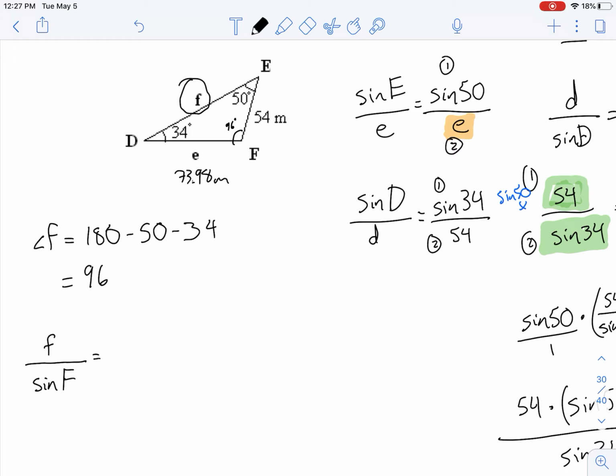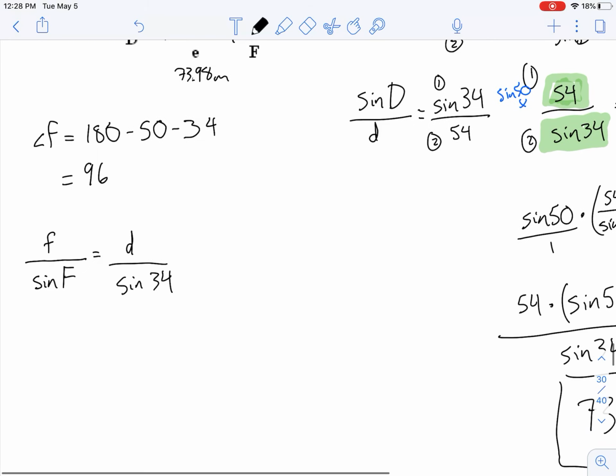I do have E and sine E now because I just solved for it, but I'd rather use D and sine D because that was given to us. It's much more exact, whereas 73.98 I did have to round ever so slightly. So I'm going to use this ratio here between D, which is 54, we know, and sine 34.